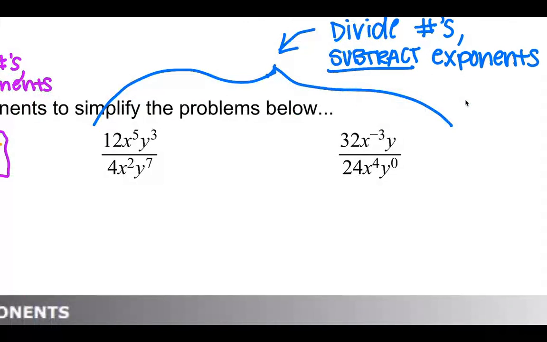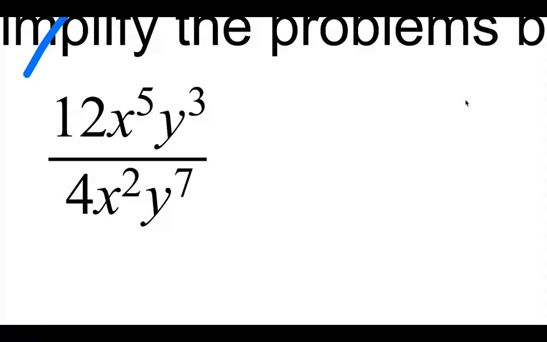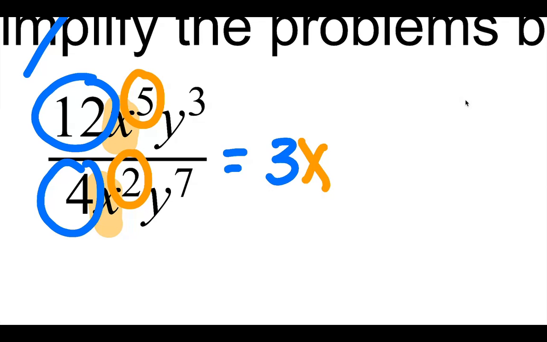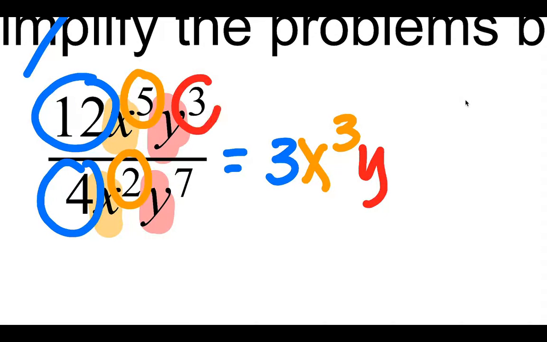Okay, so this one, I'm going to divide the two numbers, 12 and 4, and I'm left with 3. Then I move on to the x's. So in this case, the base is x. 5 minus 2, always take the top exponent first, is 3. Then I move on to y. So y is my base. 3 minus 7, it's going to be a negative 4.